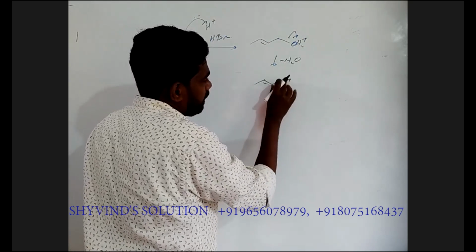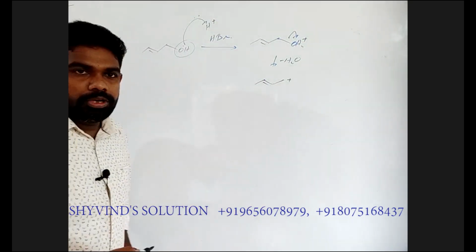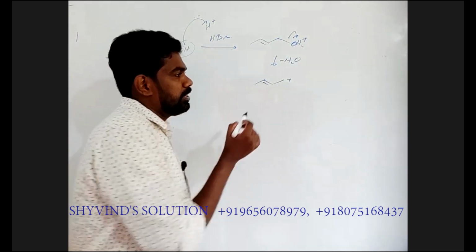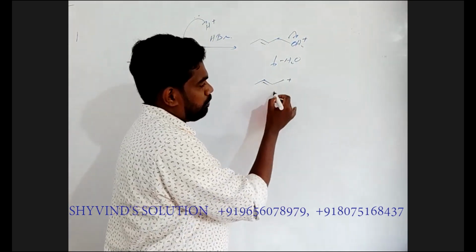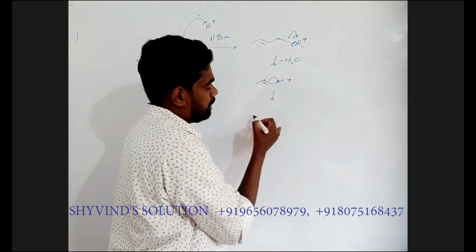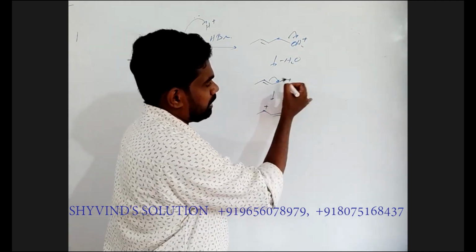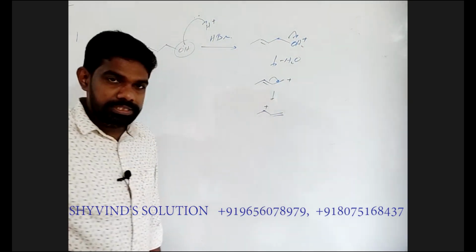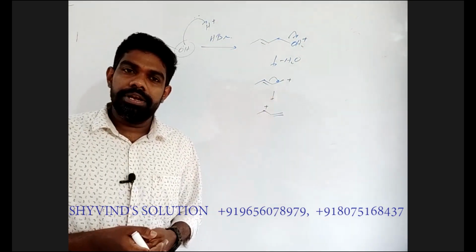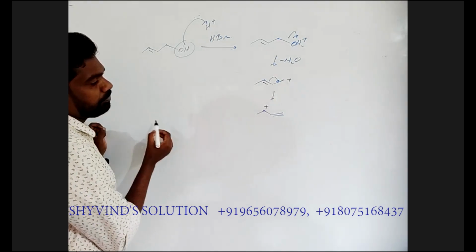Be careful about carbocation, because once a carbocation is formed, there is a chance for rearrangement. If it can form a more stable carbocation, you can see it here. It can form a more stable carbocation like this. This is a primary carbocation, this is a secondary carbocation. So this is more stable than this one. So definitely it will undergo rearrangement to give this one. Okay, so this is the first step.